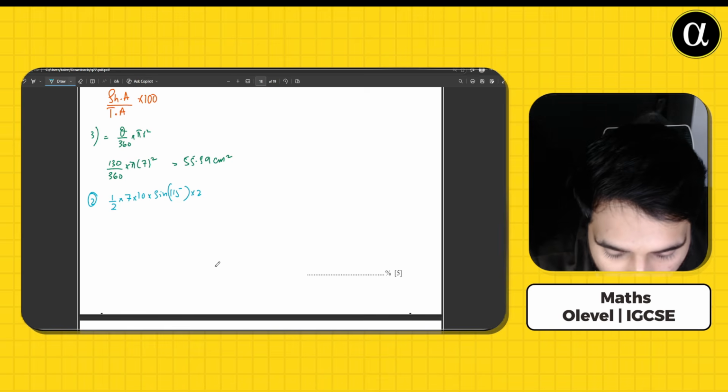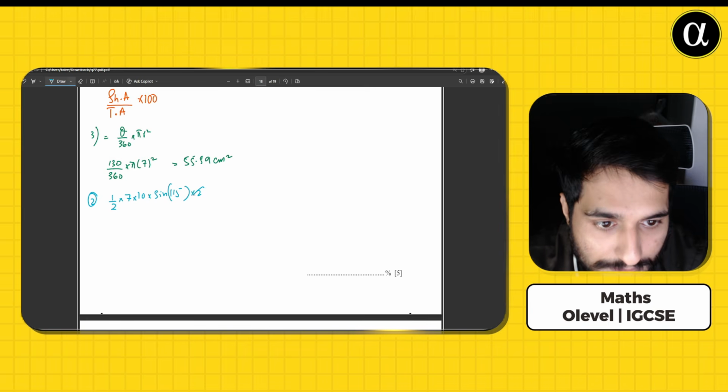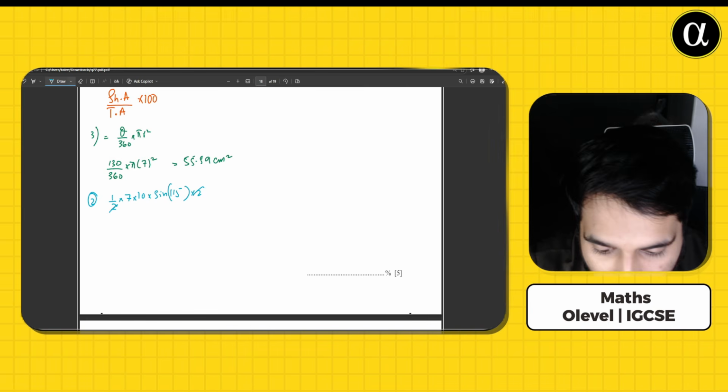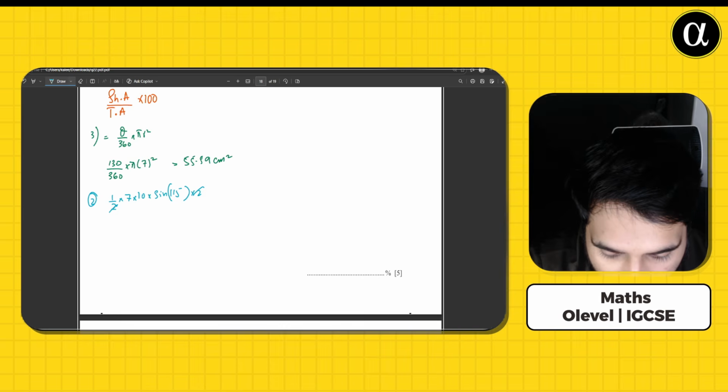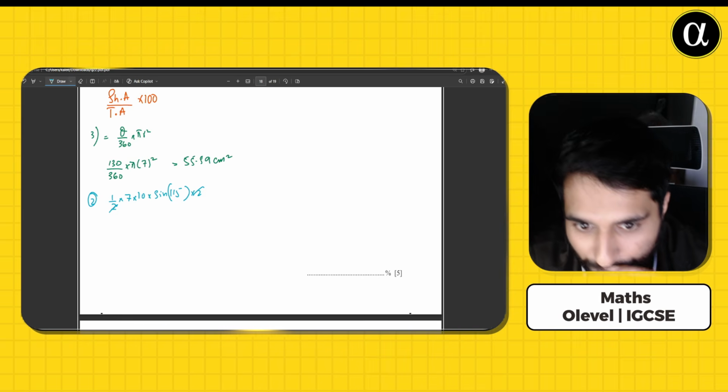Actually, this 2 and this 2 can be cancelled as well. So we can say 7 into 10 into sine of 115, and this would become 63.44 as the answer.